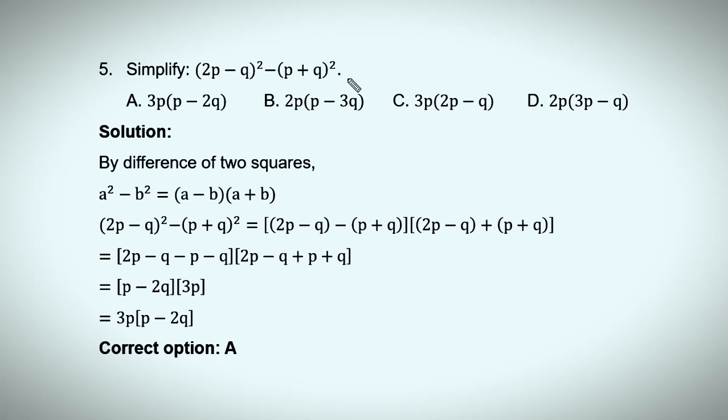Question 5. Simplify bracket open 2p minus q bracket close square minus bracket open p plus q bracket close to the power of 2, that is square.